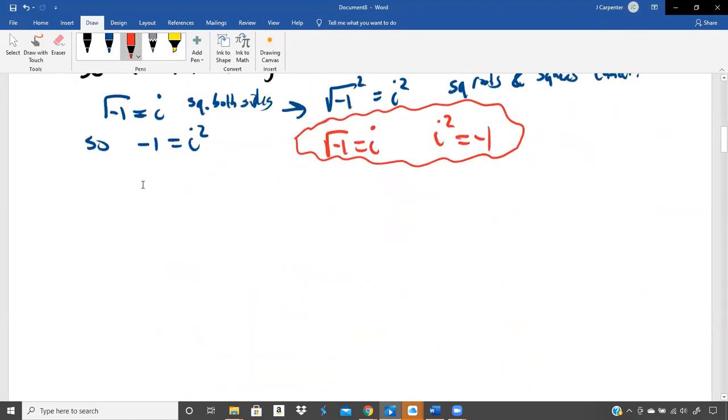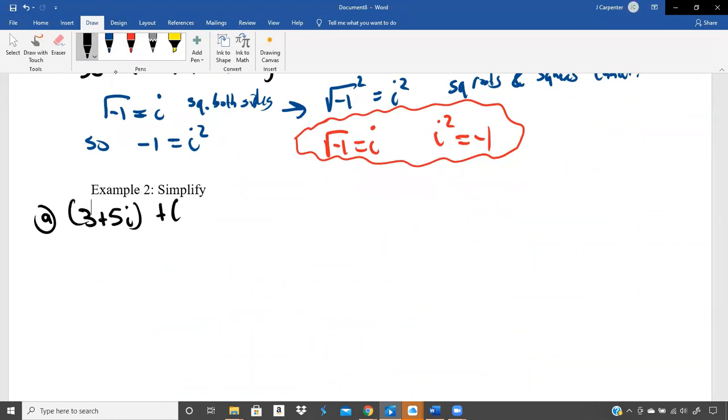All right, so example 2. Simplify. Once again, get back to black. We got 3 plus 5i in parentheses plus 6 minus 3i in parentheses.